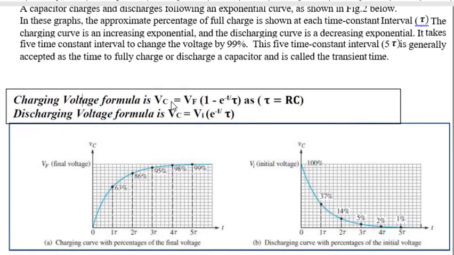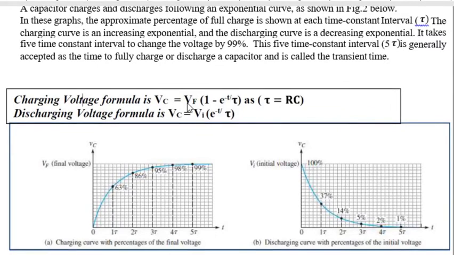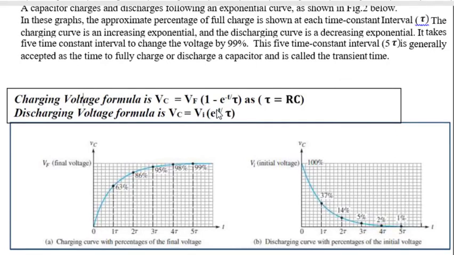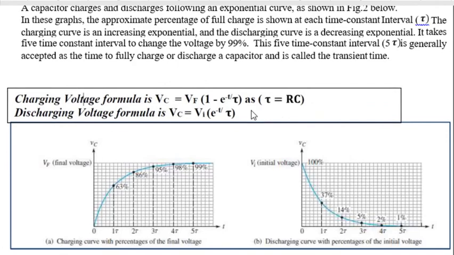Vc, the voltage with respect to the time, equals the total voltage applied across the circuit times 1 minus e raised to the power of minus t over tau, tau equals RC.